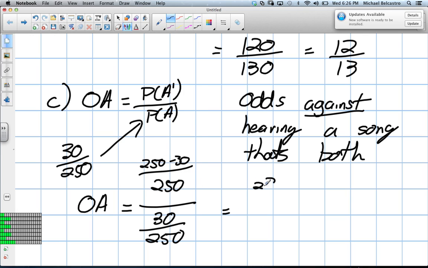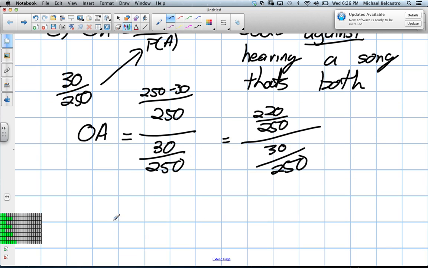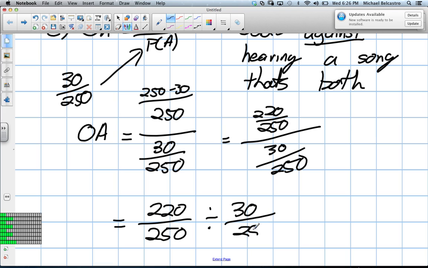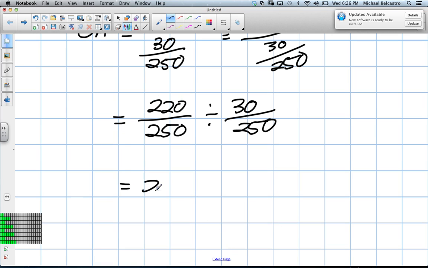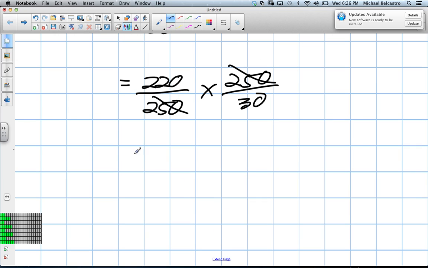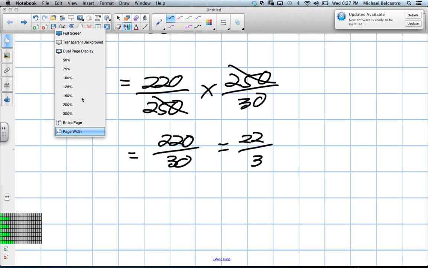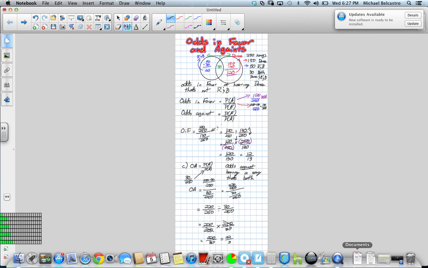So that gives us 220 out of 250 divided by 30 out of 250. We're going to invert and multiply: 220 divided by 250 multiplied by 250 divided by 30. We know the 250s cancel out, and we're left with 220 over 30, which is also known as 22 over 3. And that's exactly what they gave us in that question, right? Does that make sense? Yeah. Okay, good.